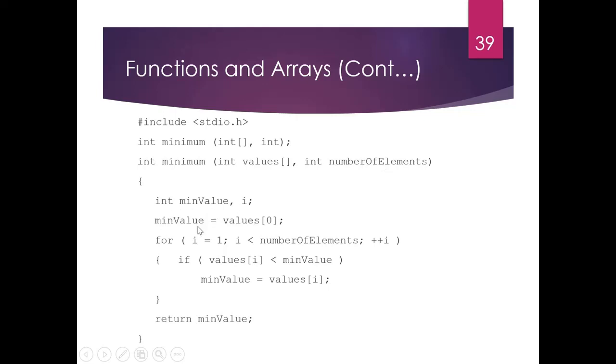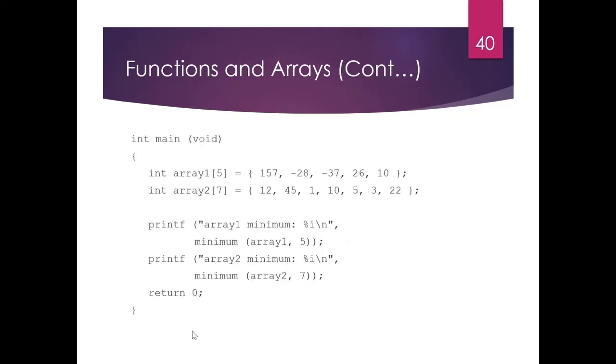Min value equals values 0. At the very first, it initializes the first element into min value. From this for loop, what it does, it finds the minimum value of the given array, okay, and returns the min value.